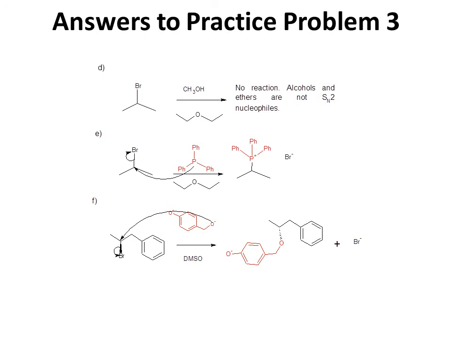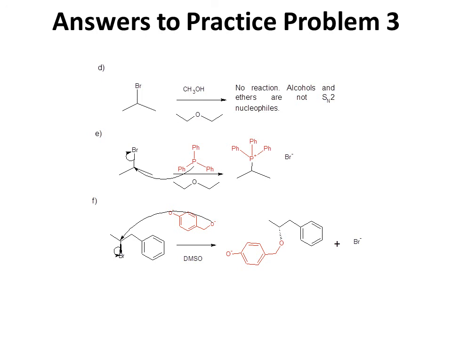You want to pick the oxygen which is most basic. That's the one where the negative charge can't resonate into the benzene ring. So choosing that oxygen, we draw an arrow showing the displacement of the bromide, and with inversion of configuration, we now show the oxygen to carbon bond is in the back.